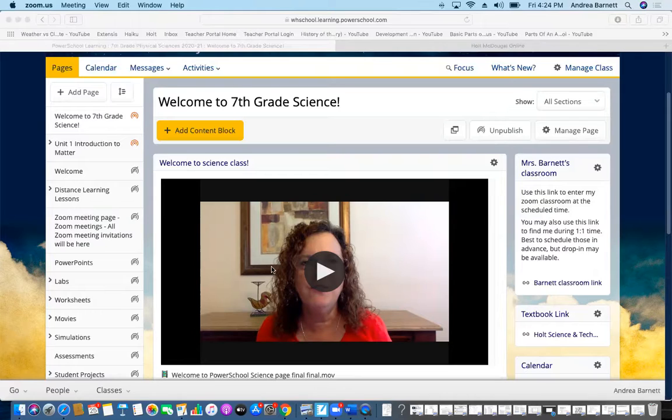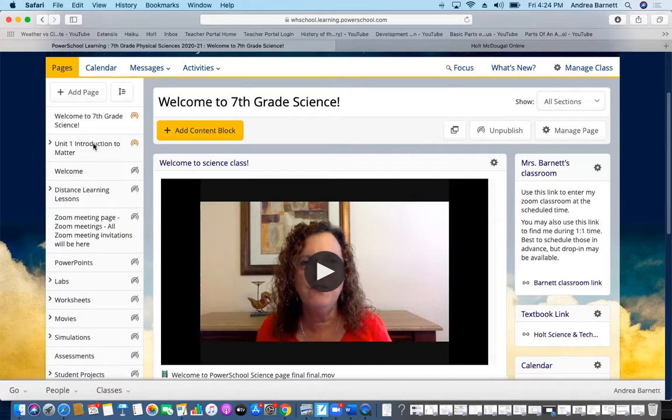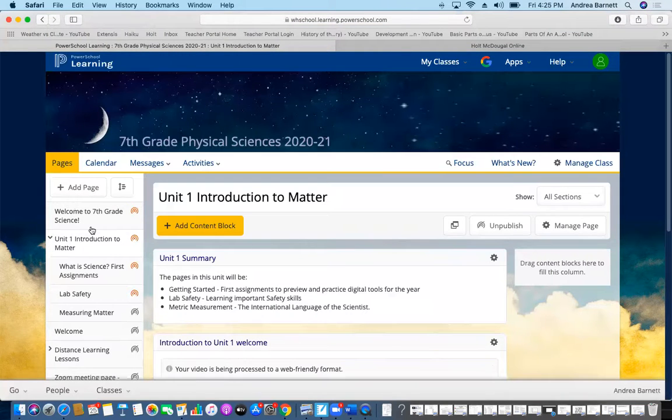I want to also show you that we are in the first unit. This is the introduction to matter. This year is all about physical sciences. And in the introduction to matter unit, you will find pages. The first page is what is science? First assignments.